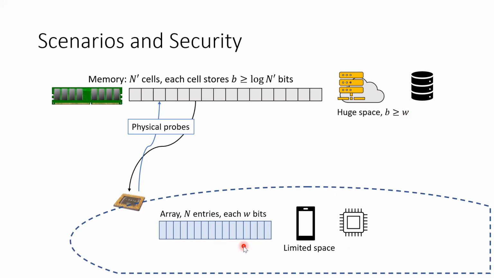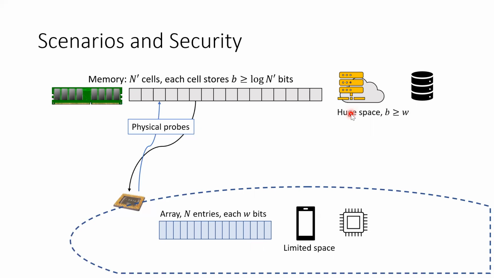And in most scenarios of our memory hierarchy, we have a physical memory cell size B that's greater than the array entry size, right? Typically we have an array entry of 64 bits, but a disk page size or a chunk of data on a cloud server is something like megabytes.